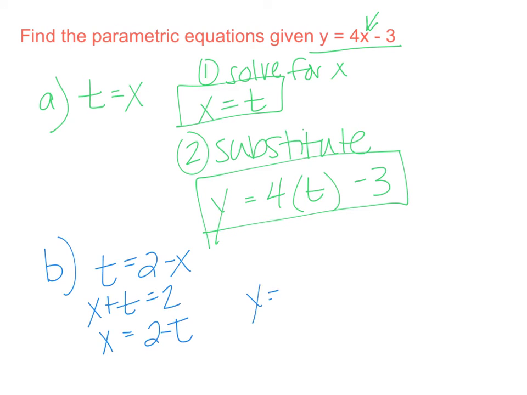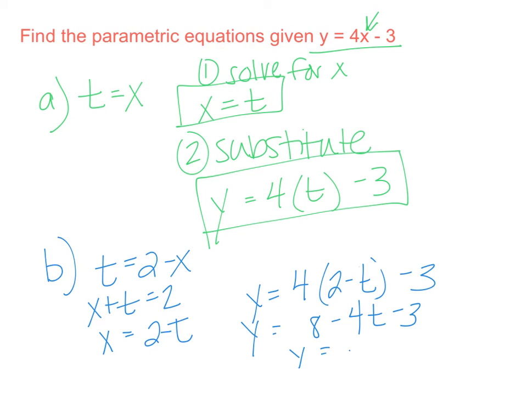Substitute in y equals 4 times (2 minus t) minus 3. So y equals 8 minus 4t minus 3. So y equals negative 4t plus 5. X component, y component.